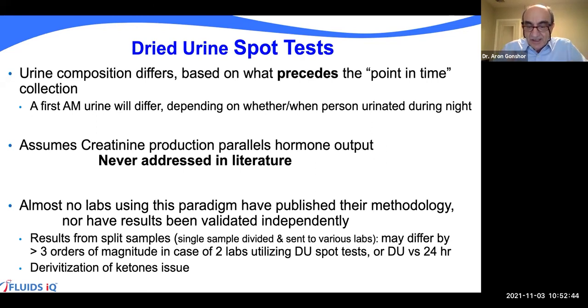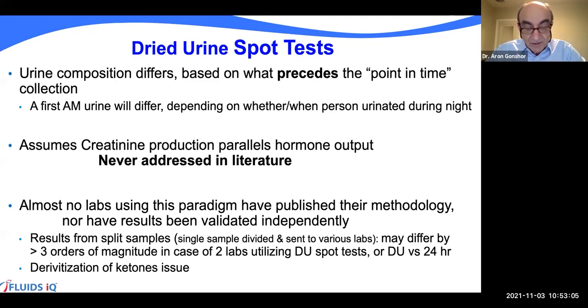That's the case with, let's say, 2 labs that are utilizing dried urine spot tests, or a lab that is doing dried urine versus 24-hour. And you say, well, how can that be? Well, I'm not going to do it today, but if somebody really wants to know, we can go into detail, because it deals with a whole number of situations.